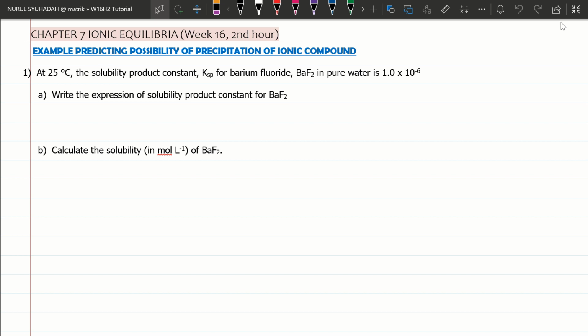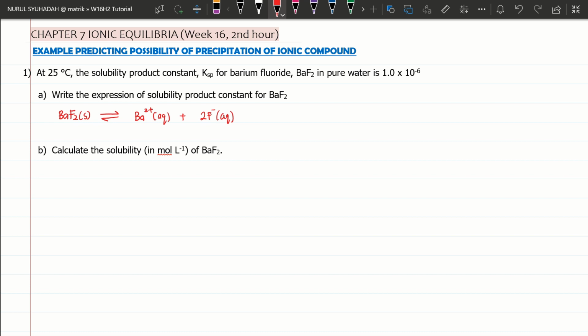Okay, jadi kita punya solid adalah BaF2. So, awak tulislah. Okay. So, BaF2 solid in equilibrium with its ion, which is Ba2+ aqueous, tambah dengan 2F minus aqueous.